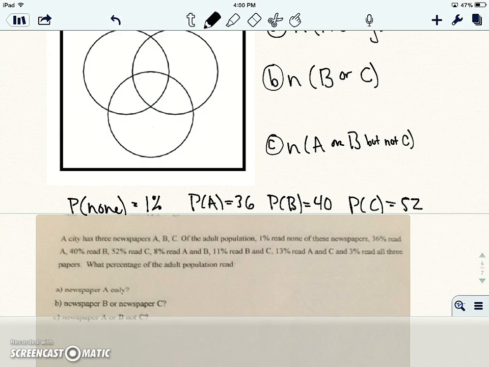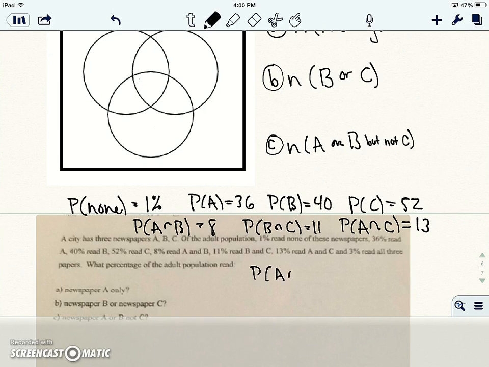8% read A and B. So A intersect B is 8. 11% read B and C. And 13% read A and C. And finally, the probability of reading all 3, A intersect B intersect C, is 3.